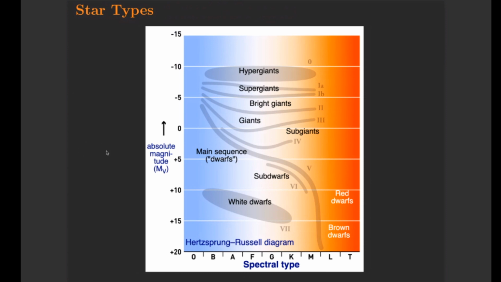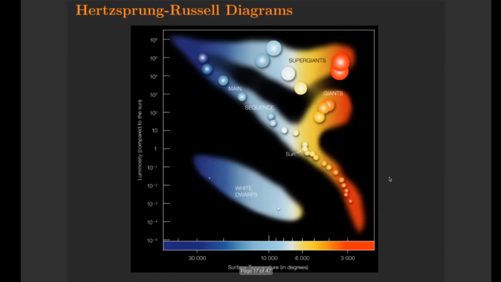You've got the white dwarfs, the main sequence, and then the giants, the bright giants, the supergiants and the hypergiants. And you've got the different classes, 1A, 1B, 2, 3, and so on. This is just showing you how the standard terminology is related to the color and the brightness. But let's go back to the Hertzsprung-Russell diagram.